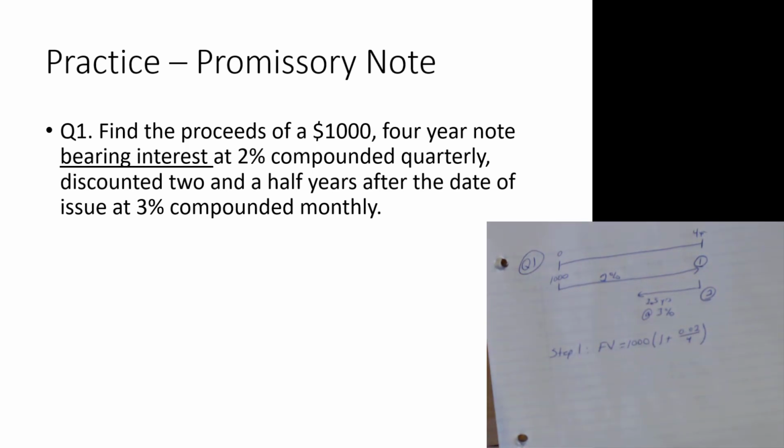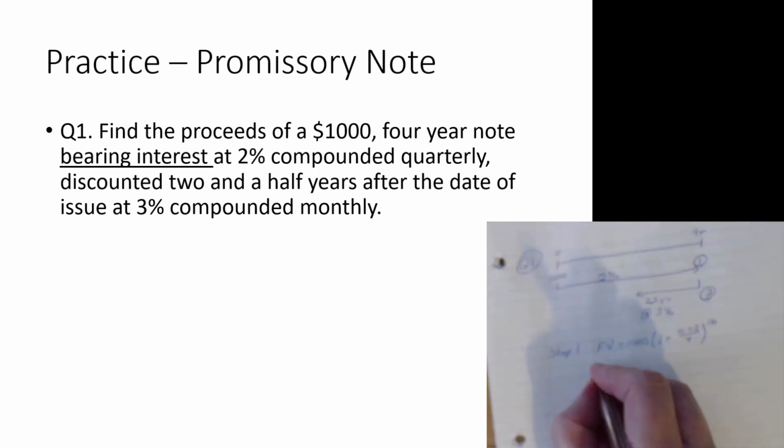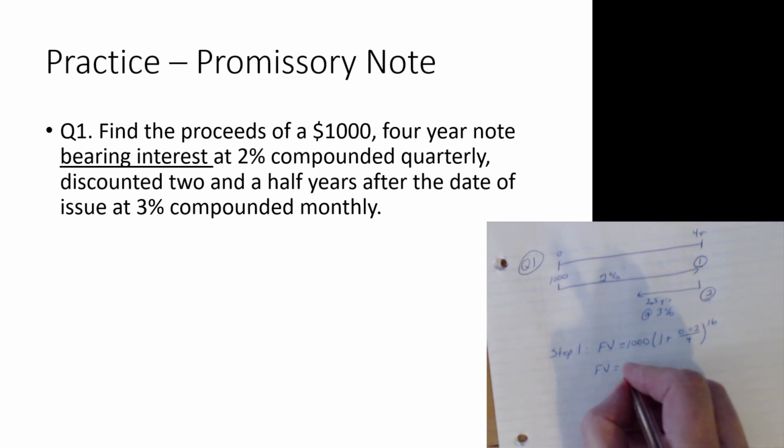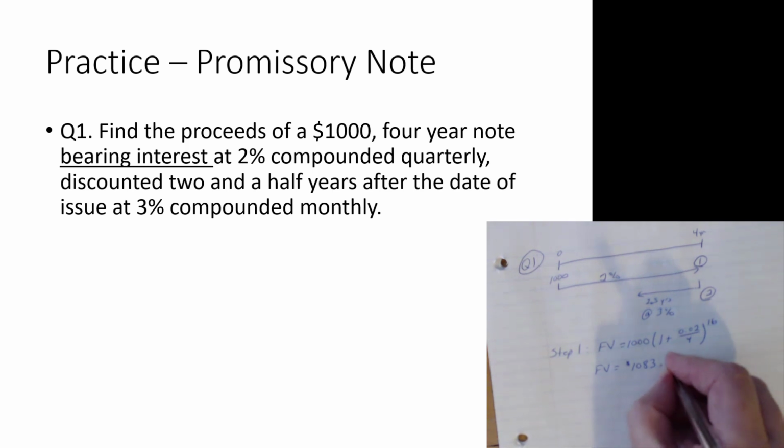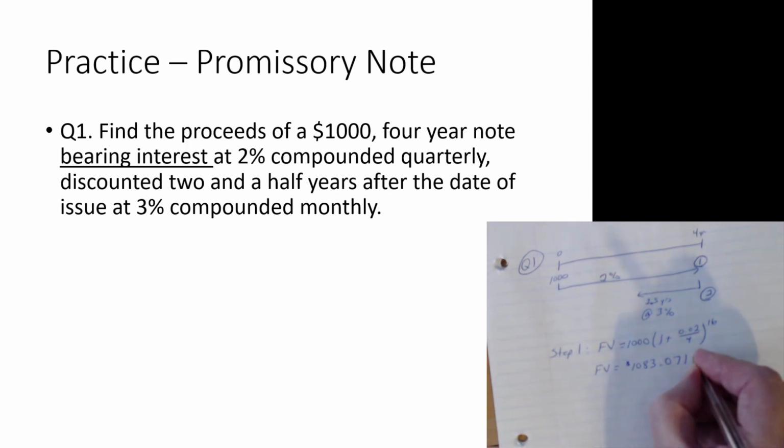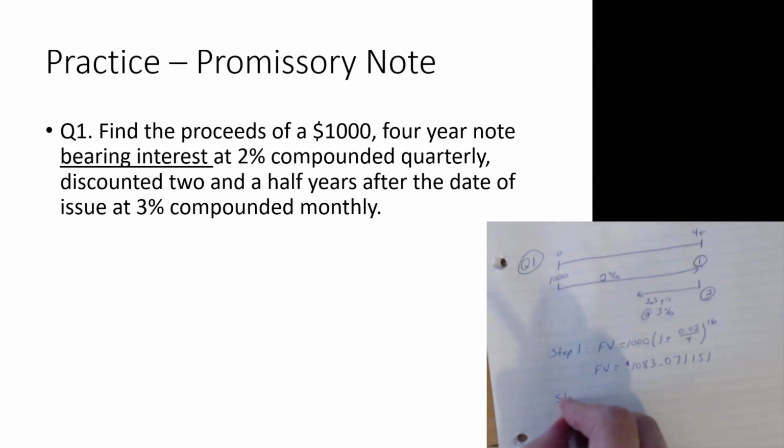How many quarters in 4 years? 4 times 4 is 16 quarters. And we get the future value of 1,083.071151.